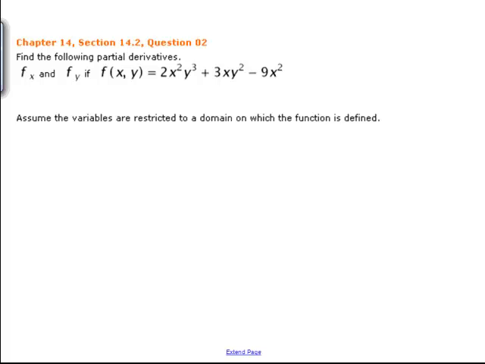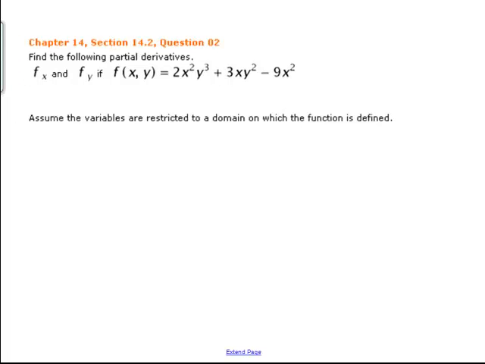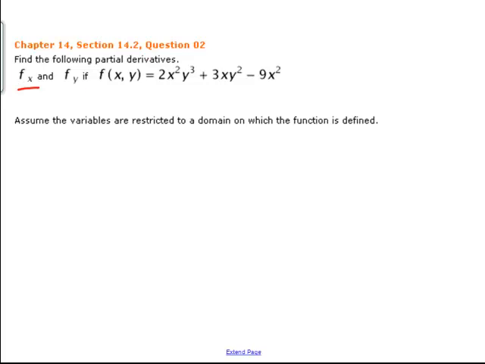Okay, now this is the last problem. We want to find the partial derivatives with respect to x and with respect to y. So let's do f partial x. In here, we're going to treat all of our y values as constants.